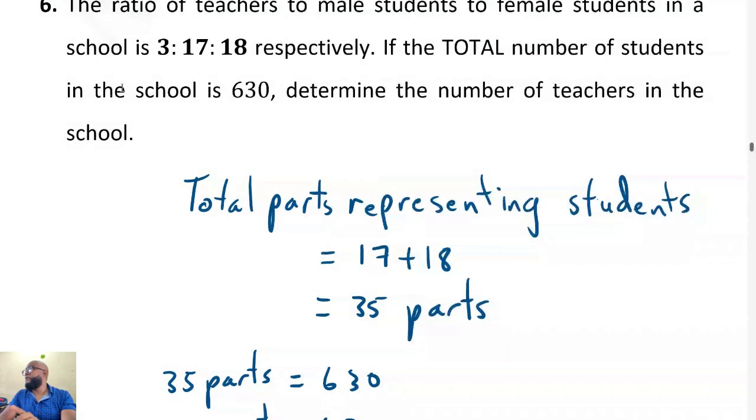Determine the number of teachers in the school. I told you all, once we know what 1 part is, we can find any amount of parts. How many parts represent teachers in that ratio? 3.